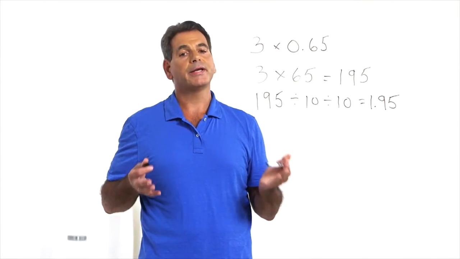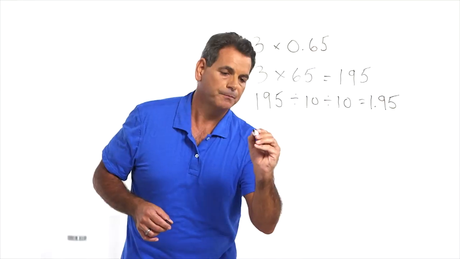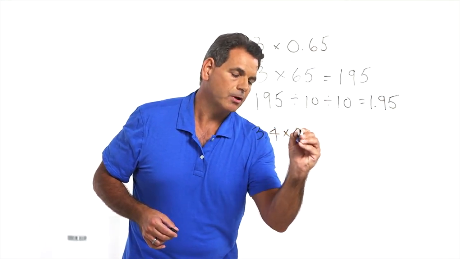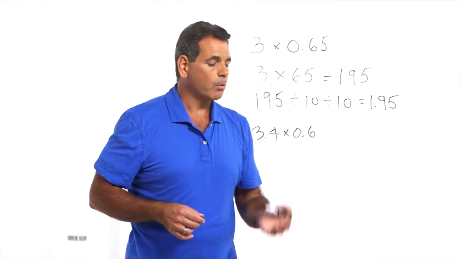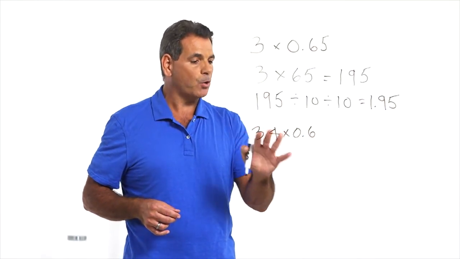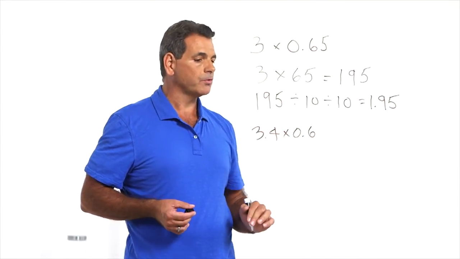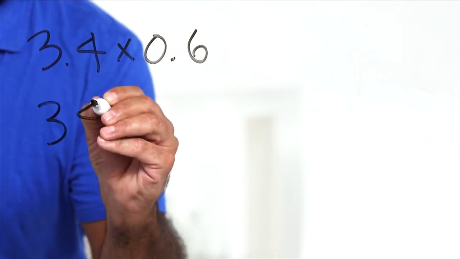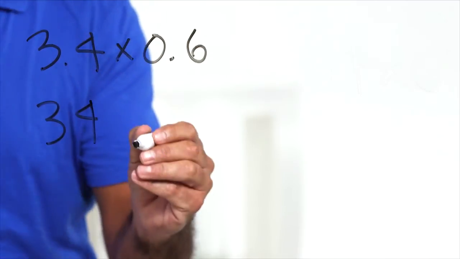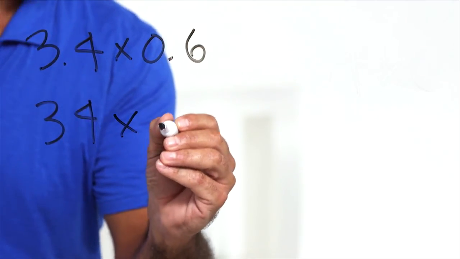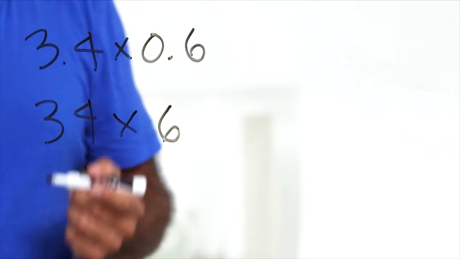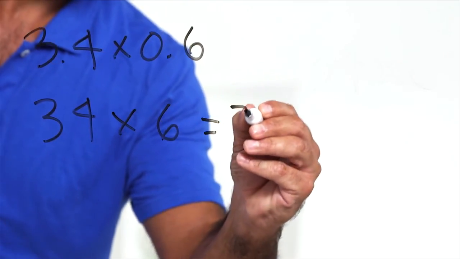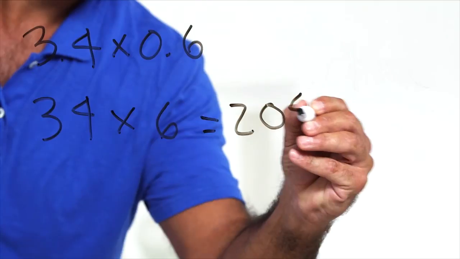Multiplying a decimal by a decimal looks like this. 3.4 times 0.6. What we want to do now is convert both of those decimal numbers to whole numbers. So this becomes 34 by multiplying by 10, times 6 by multiplying by 10, and our answer is 204.